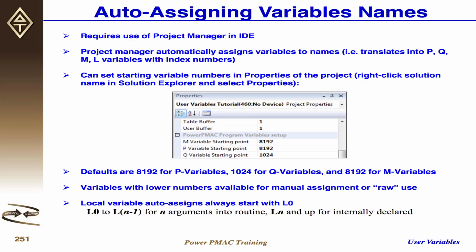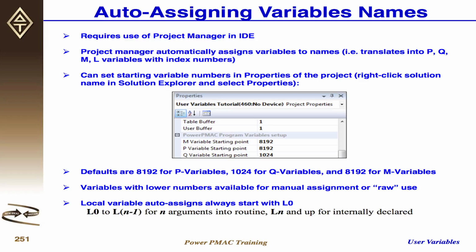If I wanted, I can change this to 3000, say, and now the first M variable I define as just having a name, rather than defining it as M200 or M whatever number I want, PMAC will take my variable name and set that equal to 3000. Then the second one will be 3001, 3002, and it will continue on in that fashion.